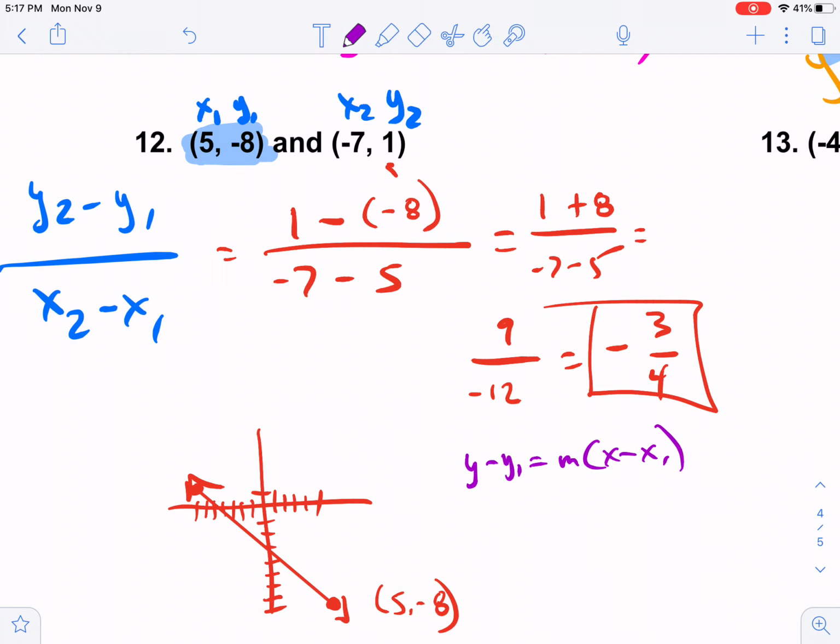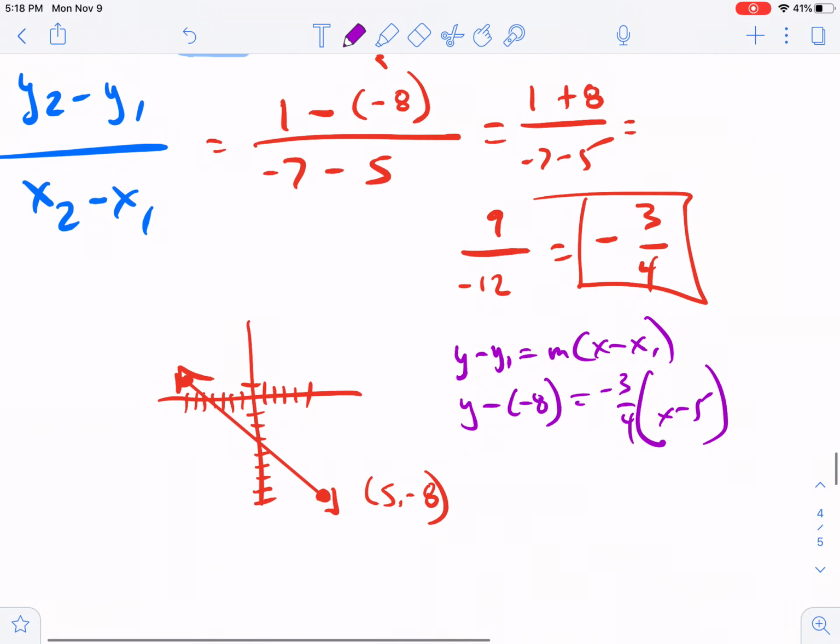And now I'm going to use this point. y minus negative 8 equals negative 3/4 times x minus 5. That's it. I could rewrite it as y plus 8 equals negative 3/4 times x minus 5.